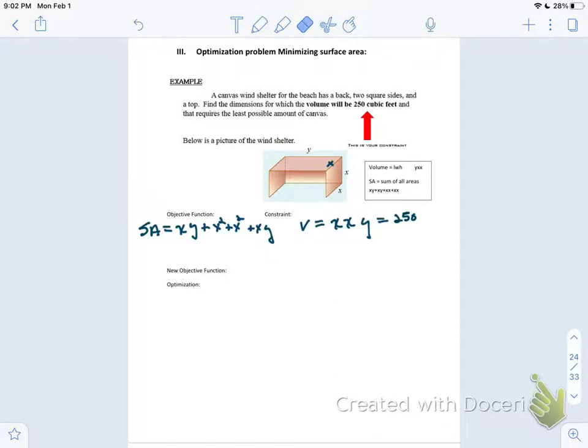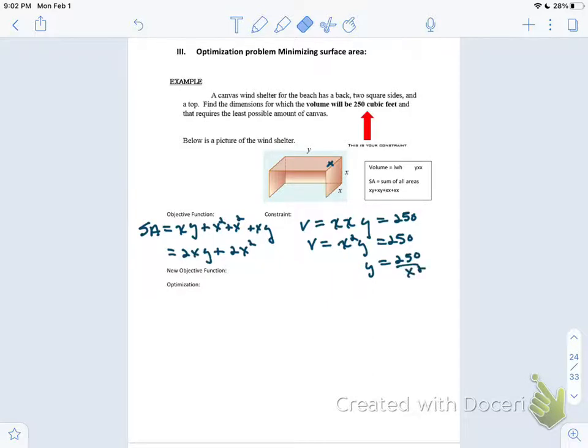Okay, so now let's clean up my surface area here. So I really have 2xy plus 2x squared. Okay, so it looks to me like I want to replace that y. So what I see is my volume really equals x squared times y, and that has to equal 250. So what I'm finding is that y equals 250 over x squared.